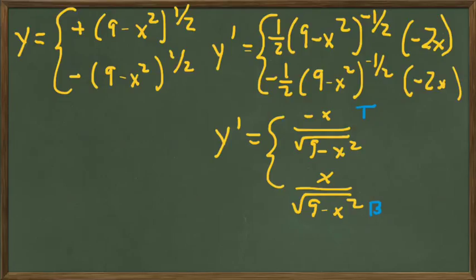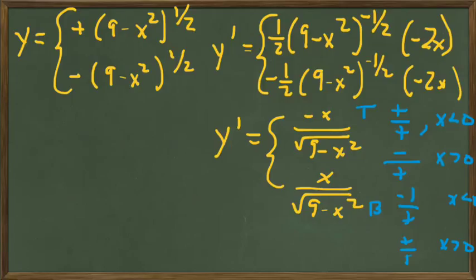When x is negative, the numerator is positive and the denominator is always positive. When x is positive, the numerator is negative and the denominator is positive. And we do the same thing down here. When x is negative, we get a negative over a positive, and when x is positive, we get a positive over a positive.